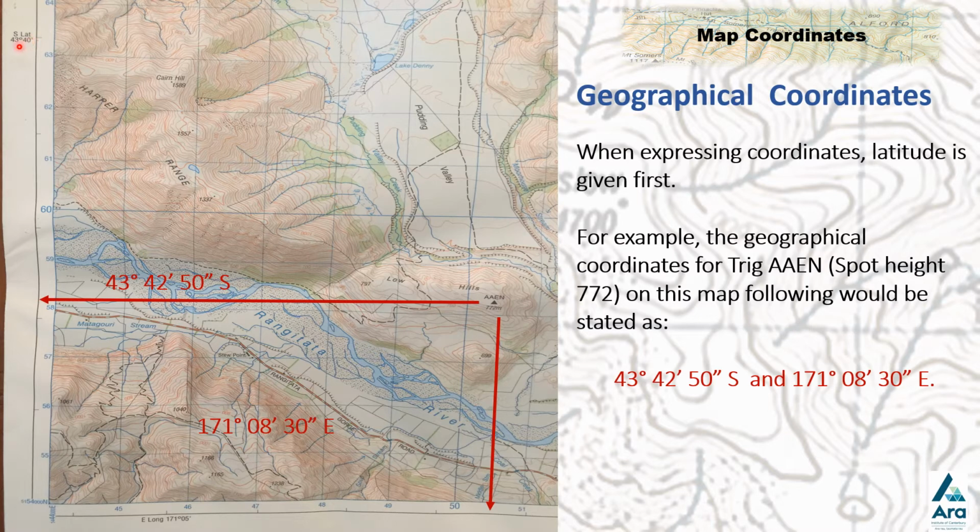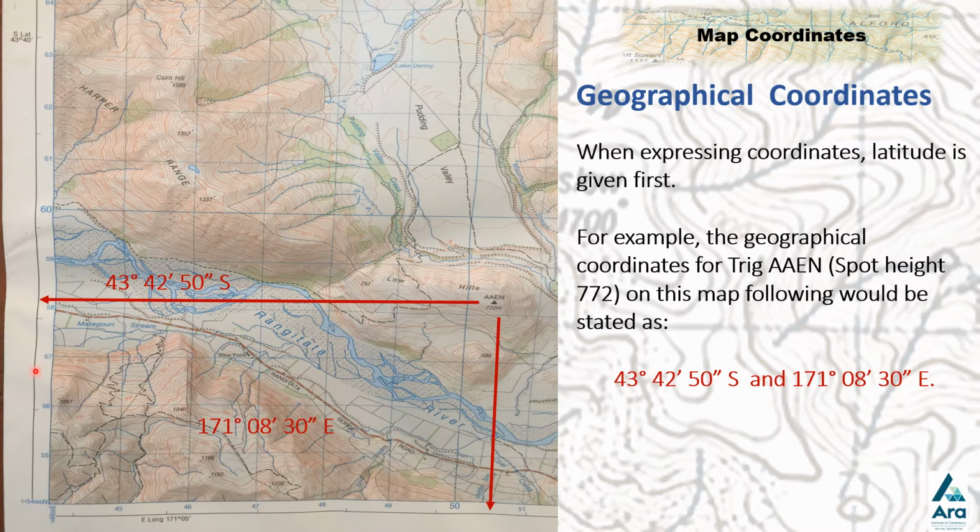Now we have to go to our first marker of latitude, which is 43 degrees and 40 minutes, and then we're coming down, so we would need to go 41, 42, and that one there would be 43 minutes. Then we divide between 42 and 43 minutes into 60 seconds, and we get roughly 50 seconds. So you express that as 43 degrees, 42 minutes and 50 seconds south, meaning south of the equator.